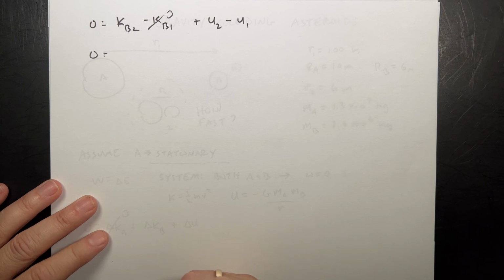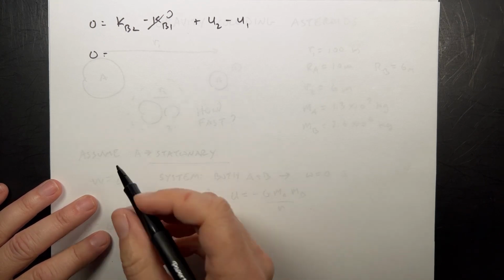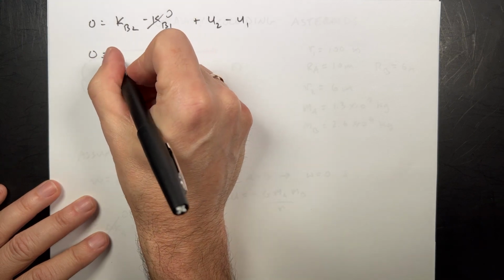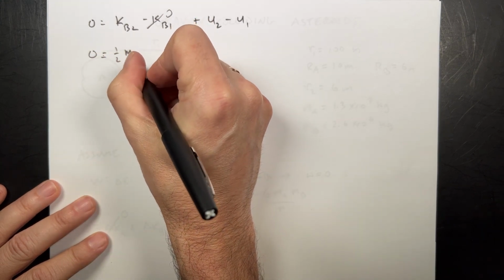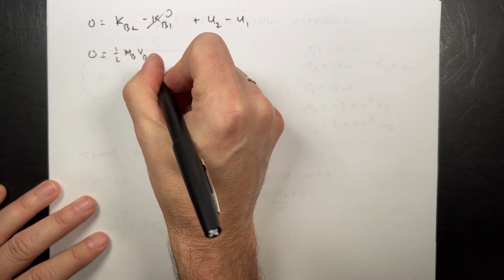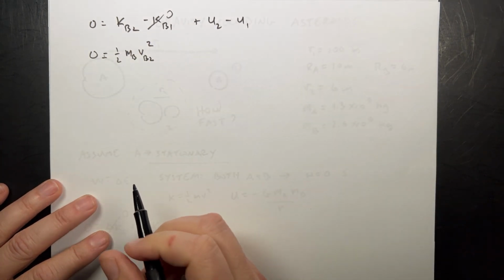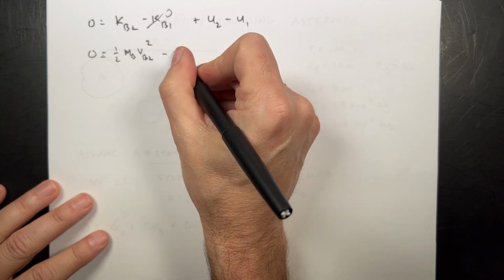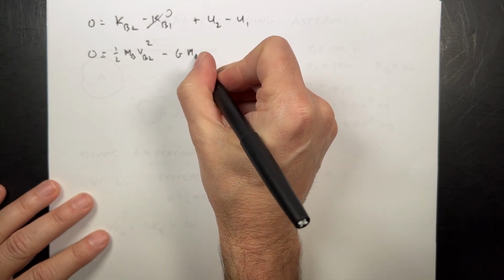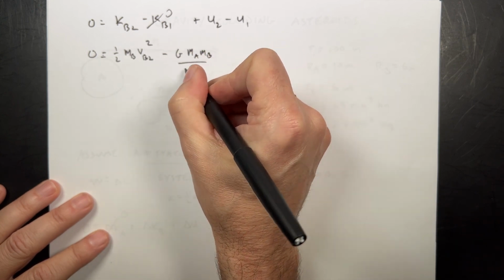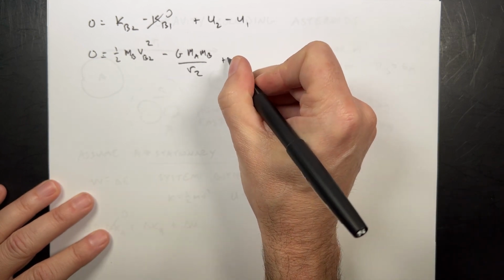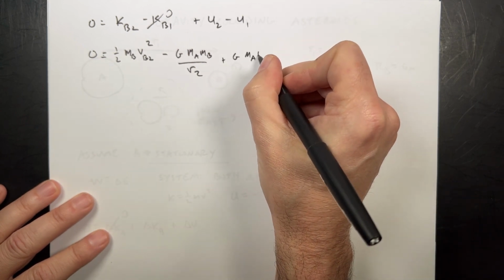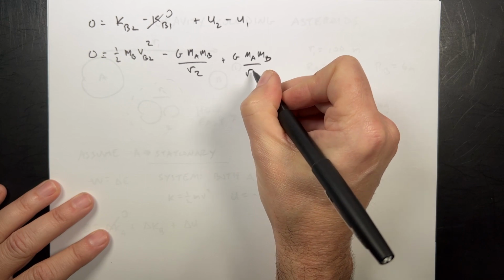The initial kinetic energy for object B is 0. They both start from rest. So I get 1/2 mB vB2 squared. That's the final kinetic energy of the asteroid B. And then I have minus G mA mB over R2 plus G mA mB over R1.